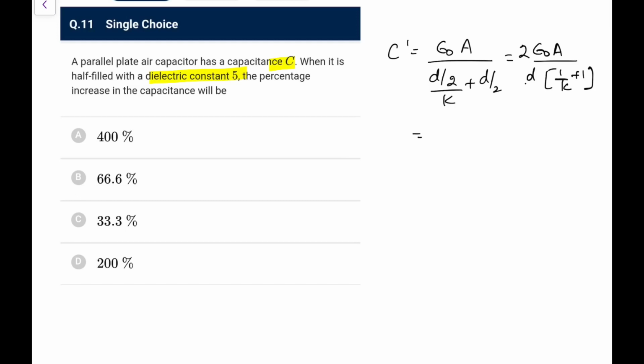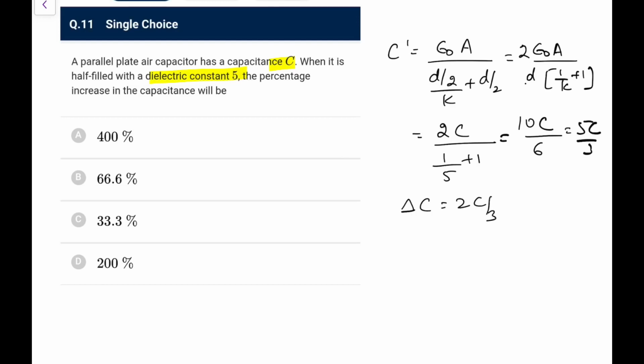So 2 epsilon naught A by D means it would be 2C, and 1 by K is 1 by 5 plus 1, so it comes out as 10C by 6, or you can say 5C by 3. So that means the increase is 2C by 3, which is 66.67%. Go for option B in this case.